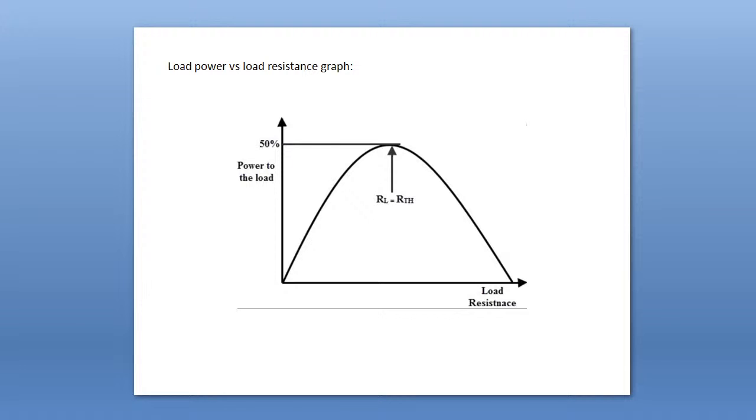Whatever power comes to the load side from the source side, the total power is absorbed at the load. I suggest all of you please understand the match condition. My question now is, how do you arrange your antenna to get maximum information from the transmitter?